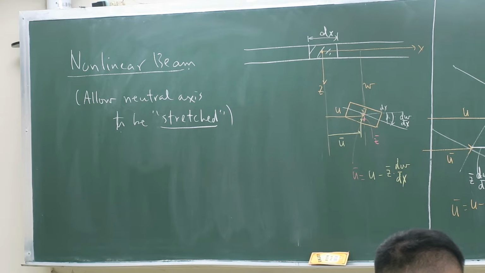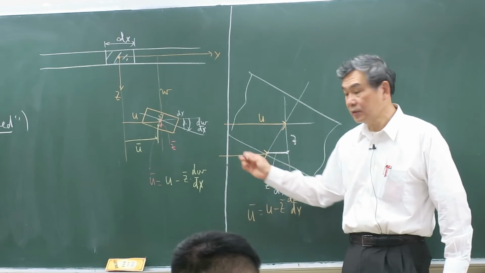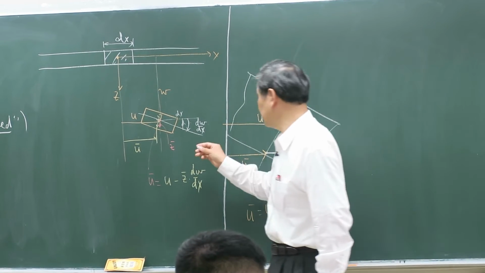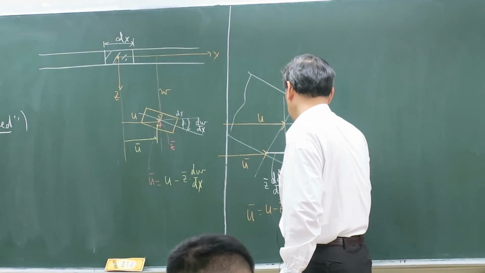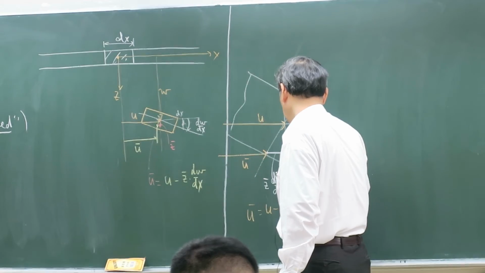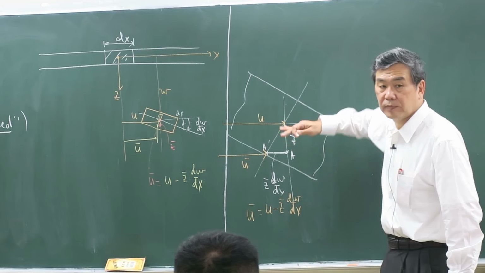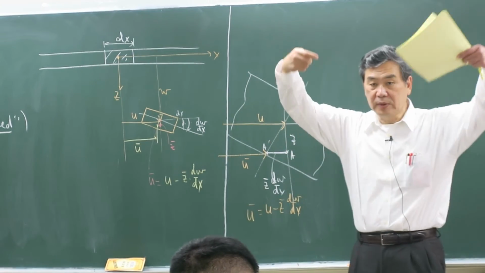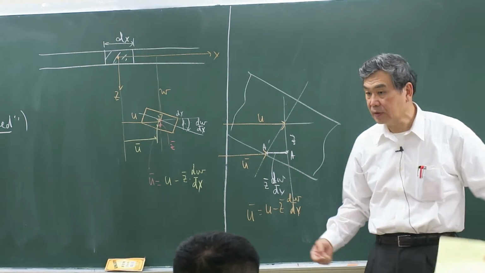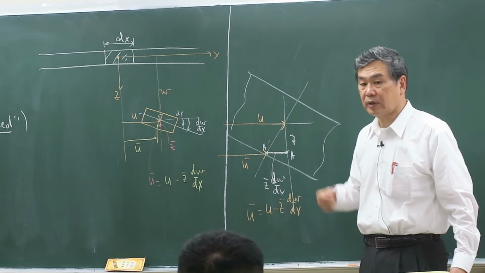Let's enlarge it from this dx element. Because of deformation and rotation, this point, say point A, moves to A prime as the whole beam rotates downward.